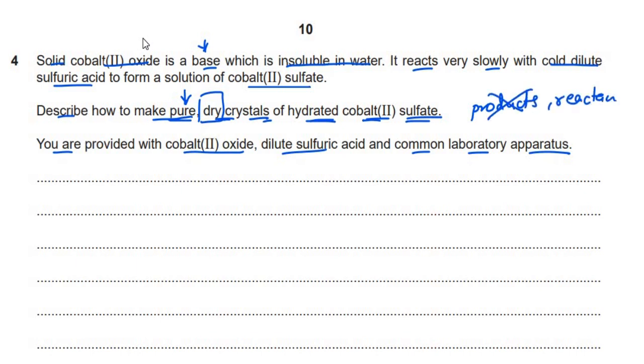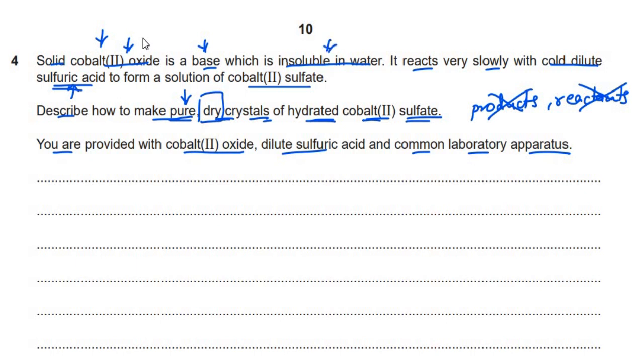Reactants should be removed fully from the cobalt sulfate mixture. That is possible only when the sulfuric acid is fully used up, and the cobalt oxide is either fully used up or removed after the product is formed. So we use a limited amount of sulfuric acid and excess cobalt oxide base, which can be removed by filtration because it's insoluble in water.